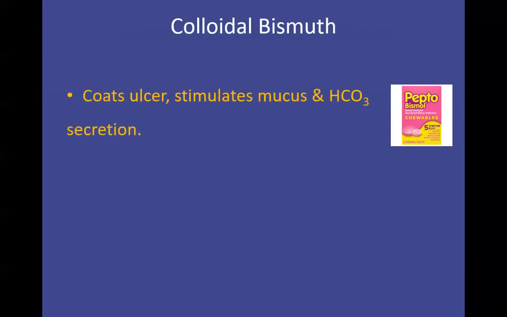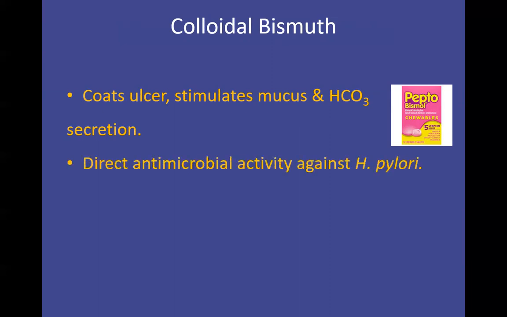But Pepto-Bismol is a good agent, and it's been incorporated into the quadruple regimen for the treatment of H. pylori and treatment of peptic ulcer because of its protective factor, like sucralfate and misoprostol. It coats the ulcer, stimulates mucus and carbonate secretion, which is very good. And it has a direct antimicrobial activity.